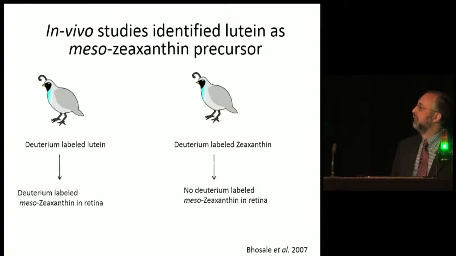And we found that when we fed deuterium-labeled lutein, indeed, we could detect substantial amounts of deuterium-labeled mesozeaxanthin in the retina. But when we fed them deuterium-labeled zeaxanthin, we got a lot of different carotenoids, but we did not get mesozeaxanthin in any significant amounts in the retina of these quails. Again, this at least argues that lutein is the precursor.